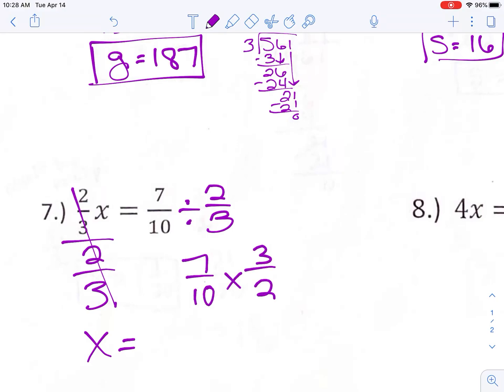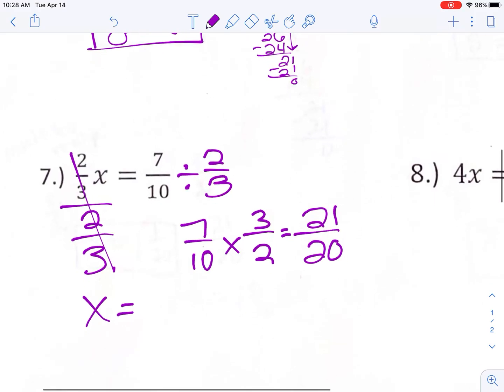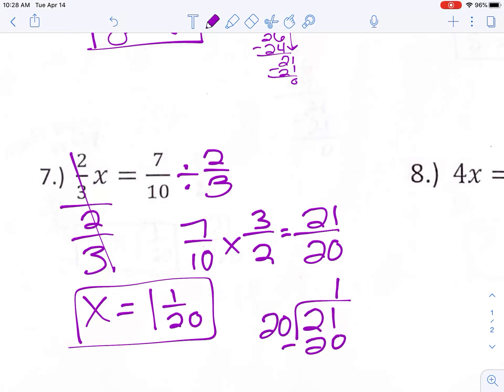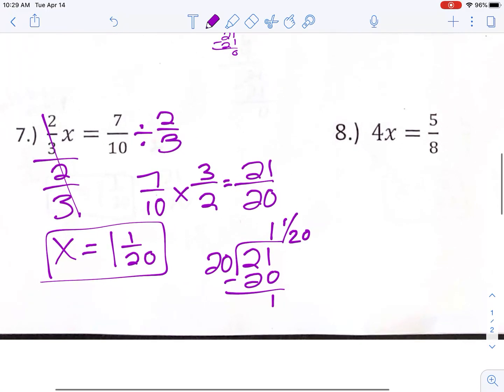We keep it, switch it, flip it. Okay. Again, I cannot cross cancel, so I can just multiply straight across and get 21/20. That is improper. That would turn into 1 and 1/20, since 20 goes into 21 one time with 1 left over.